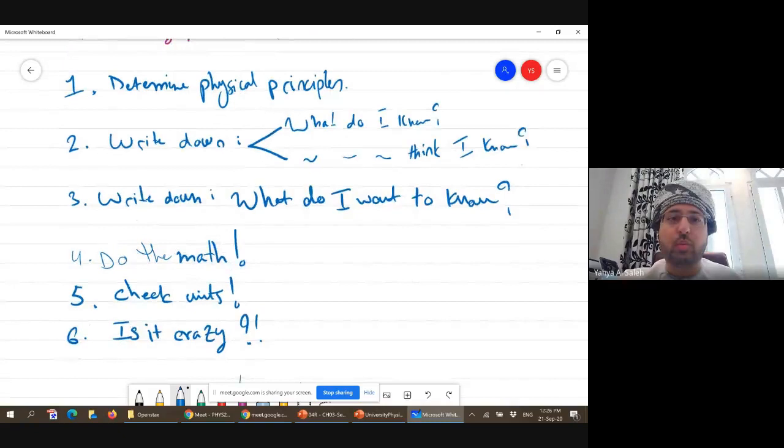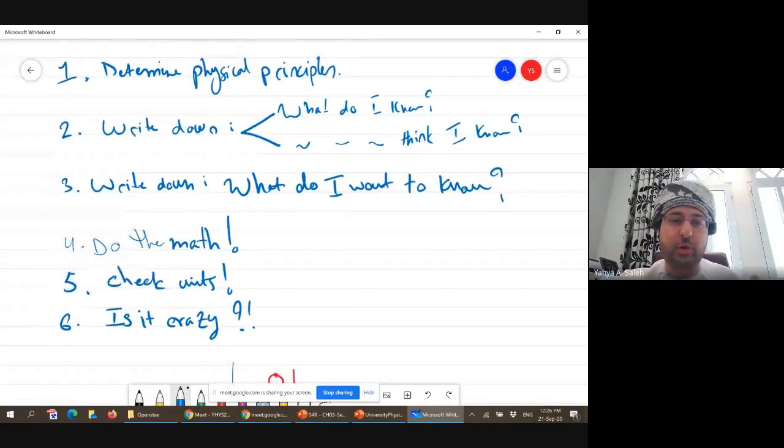These students failed to follow this logical progression. They figured out they needed to find the height of Jebel Shams, then did some sort of math, but they forgot 5 and 6. They forgot to check their units, because if they had seen micrometers and megameters, they would immediately know something's wrong.